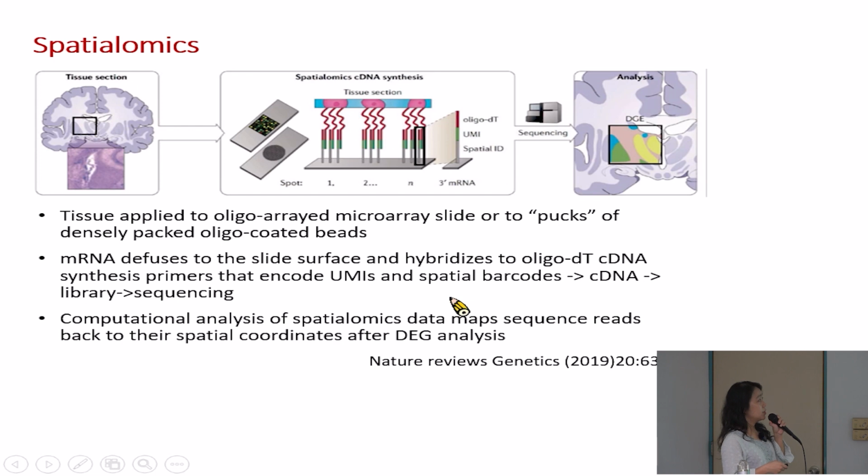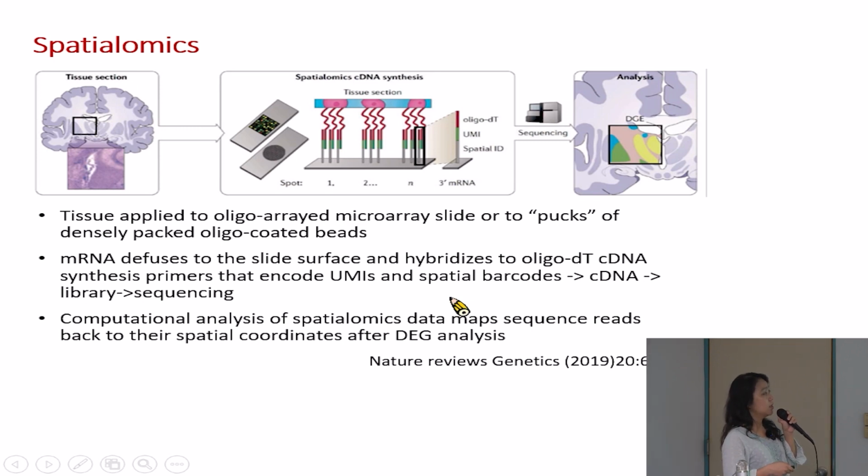Then the messenger RNA will diffuse to the slide surface and hybridize to the oligo-dT cDNA synthesis primer that is encoded with the unique molecular identifier and the special barcode. Further, after reverse transcription, the cDNA is synthesized, and we can know which cDNA is produced and construct the library, then perform the sequencing.